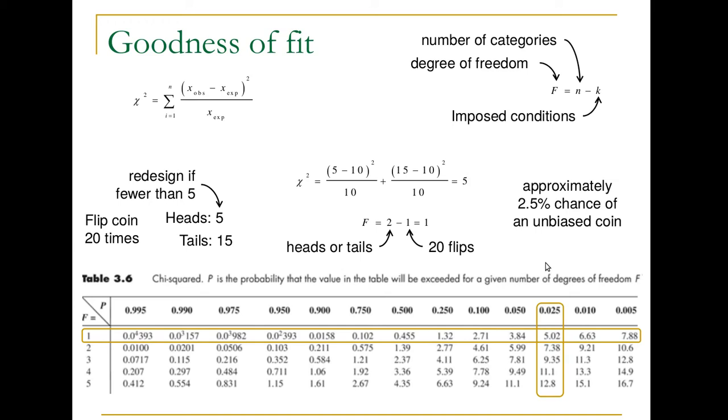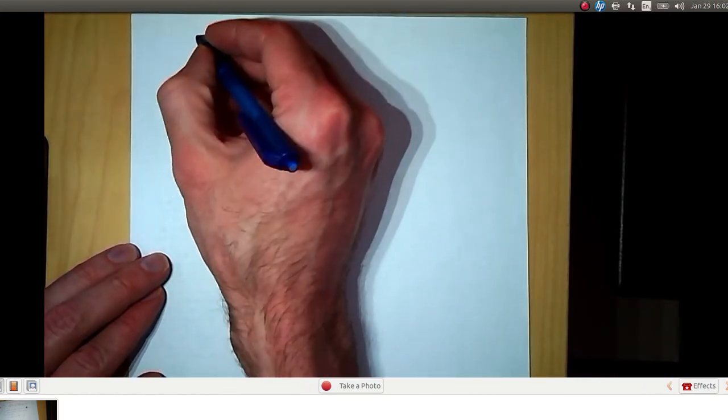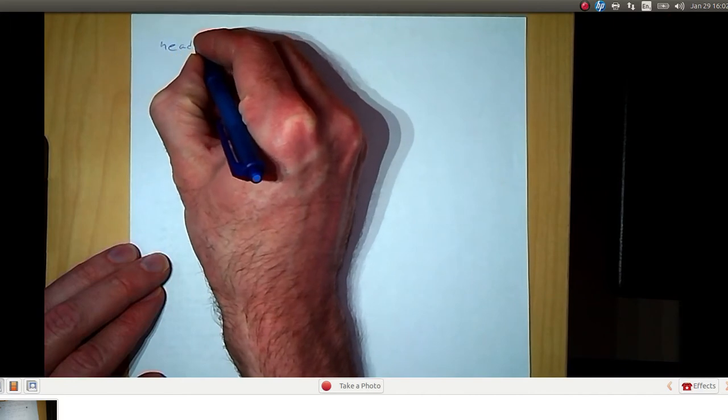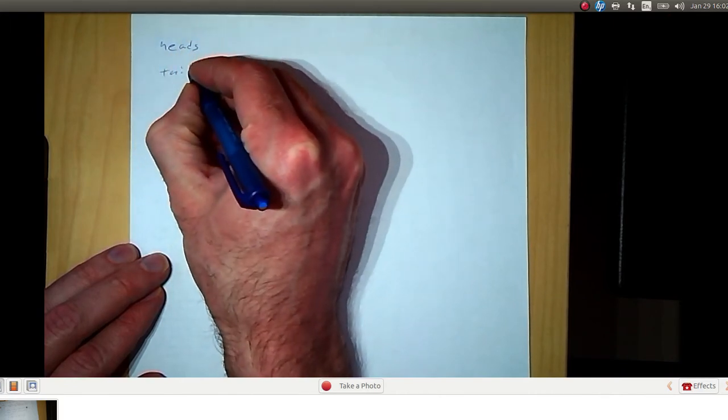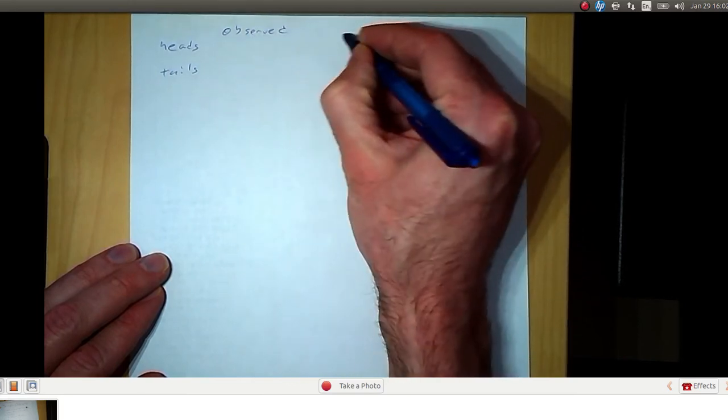All right, so let's see what would happen if Jimmy protests and says, no, I always give you fair coins. Here, try another one. So we take another coin from him and we toss it 20 times. And we end up with heads and tails, observed and expected.